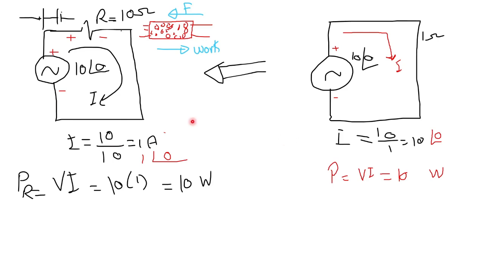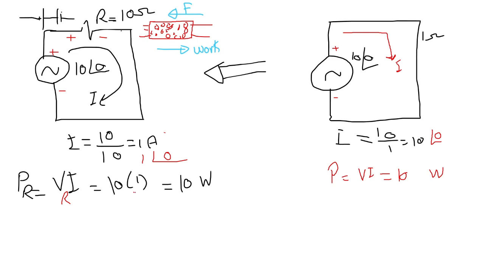The amount of power absorbed by the resistance is defined by the formula P_R, the power absorbed by the resistance, equals the voltage drop across the resistance multiplied by the current through the resistance. Here in the circuit, the voltage drop across the resistance equals the voltage source value.